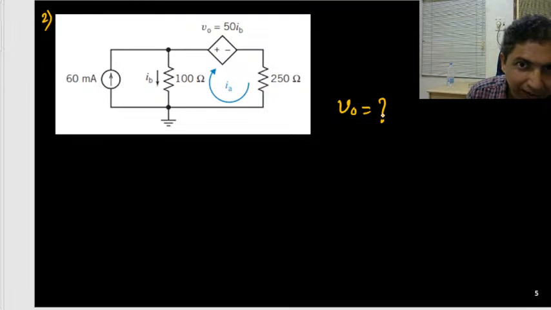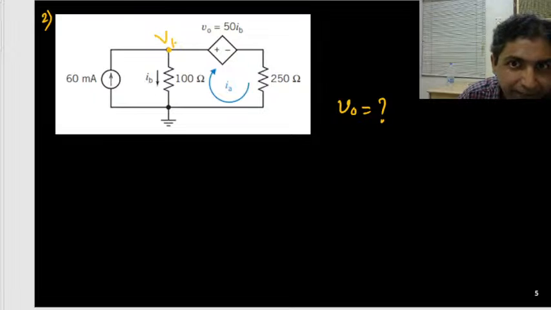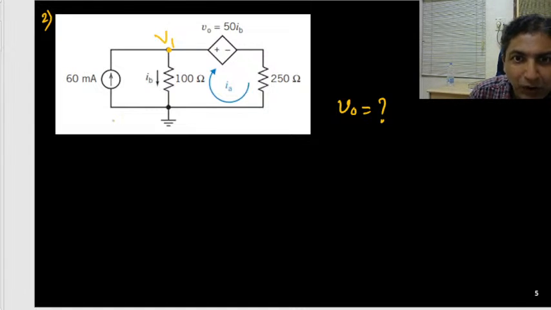So here you can see that there is only one single node. So node analysis is not a bad idea because you have one single node. So suppose this is V1. Okay. So this node potential is V1. Now here what you can do, we can use KCL at this node.